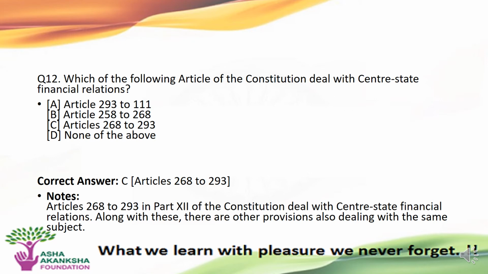The correct answer to this question is option C, that is Article 268 to 293. Article 268 to 293 comes under Part 12 of the Constitution, which deals with the center state financial relations. Along with these, there are other provisions also dealing with the same subjects.